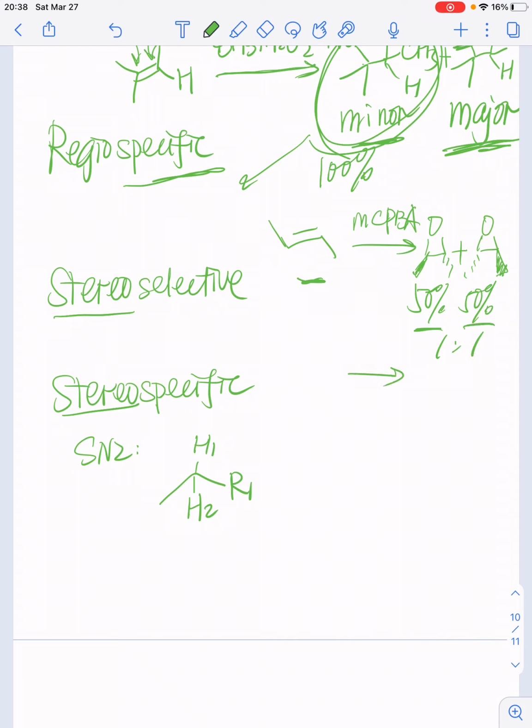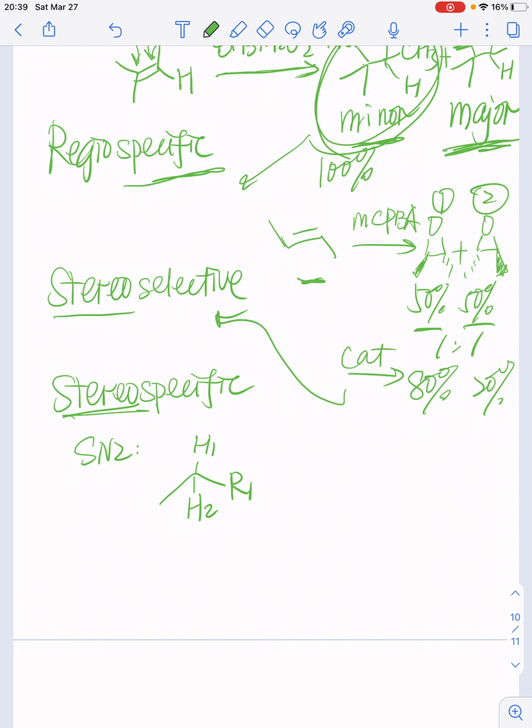If you use another catalyst that gives 80% to 20% of product 1 and product 2, we call the reaction stereoselective.